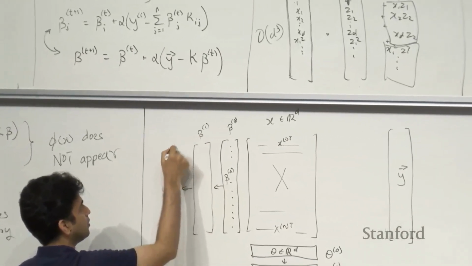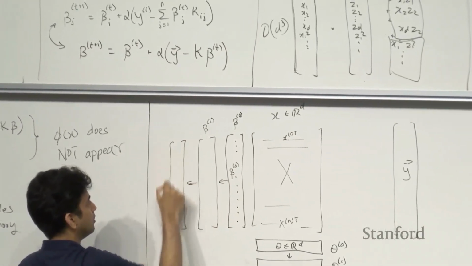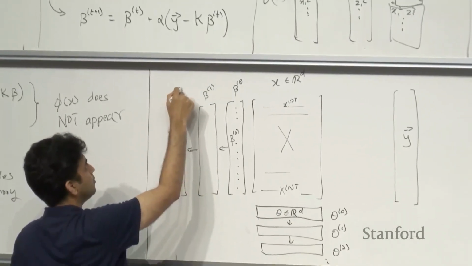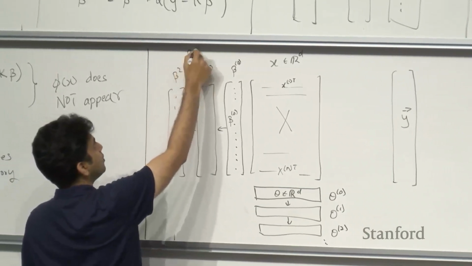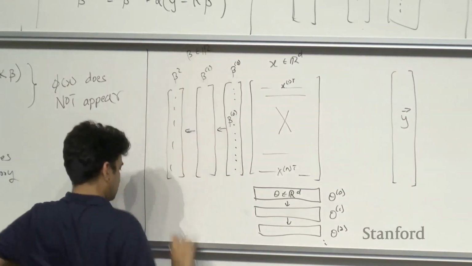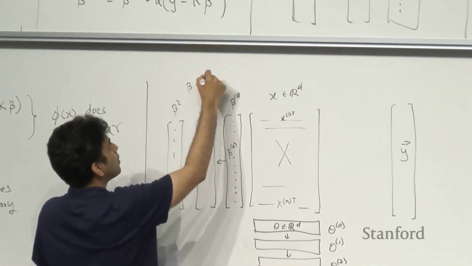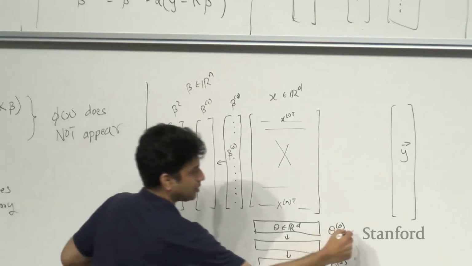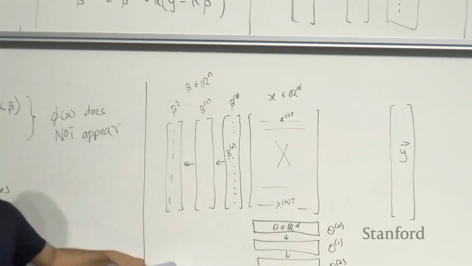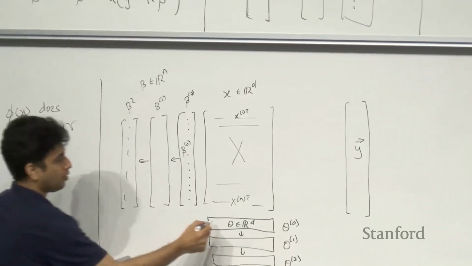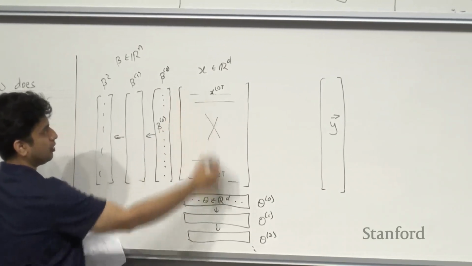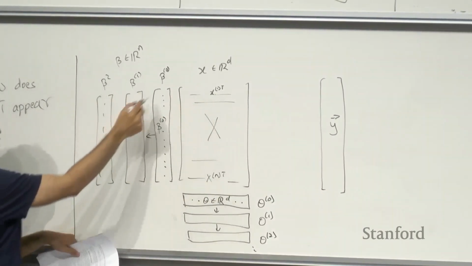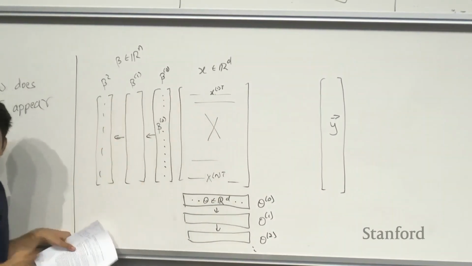And then we get beta 2 and so on, where each of the betas were in R^n, whereas theta was in R^d. Right? Thetas had one component per feature, betas have one component per example.